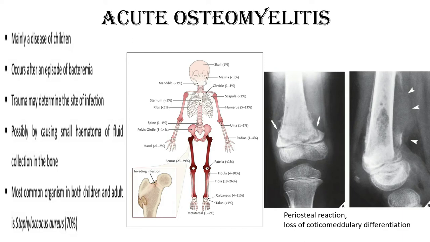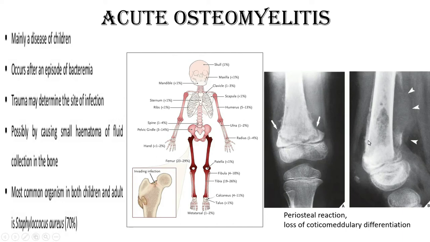The most common, or first, radiological finding in acute osteomyelitis is periosteal reaction and soft tissue shadow. For getting this periosteal reaction and soft tissue shadow, a minimum delay of at least 7 to 10 days from the onset of acute osteomyelitis is needed.